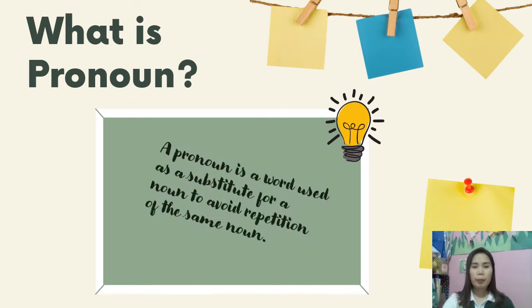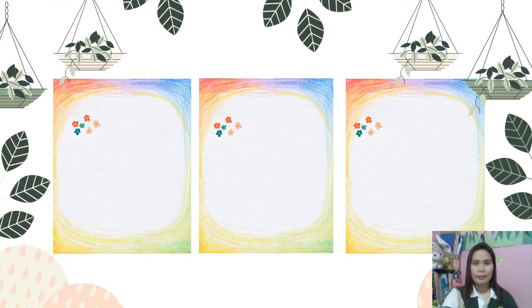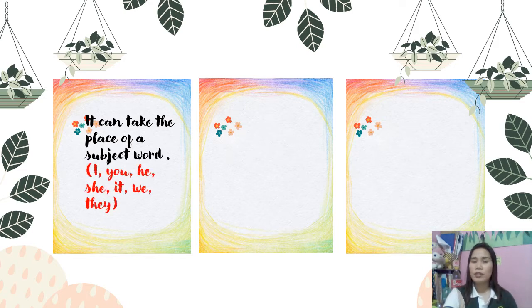Again, a pronoun is a word used as a substitute for a noun to avoid repetition of the same noun. A pronoun can take the place of a subject word, for example: I, you, he, she, it, we, they.